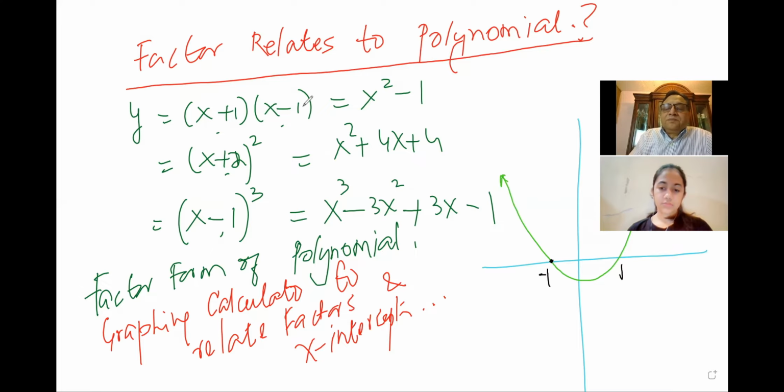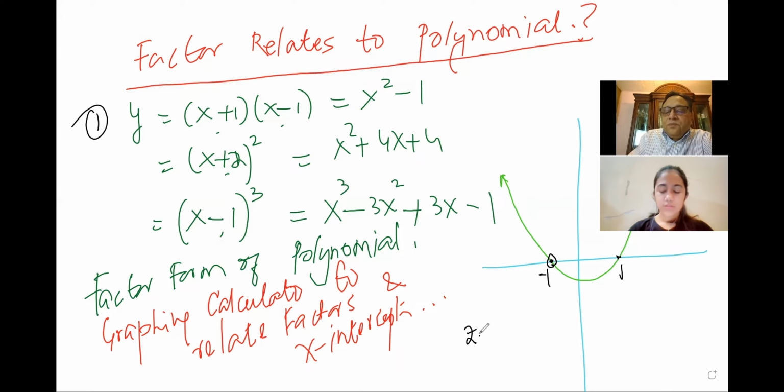Do you see this? This is what I'll call graph number 1. These factors really give you zeros. If I write x equals 1, you'll get 0, correct? So when you plug in the factor's value, what you get is a 0, right?